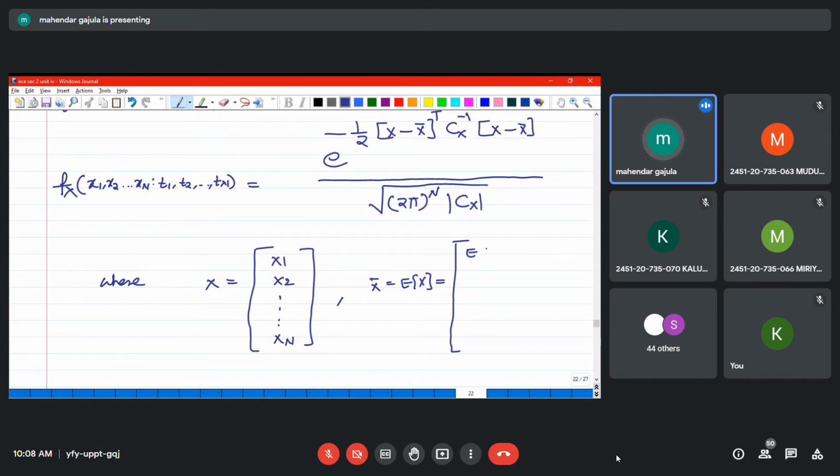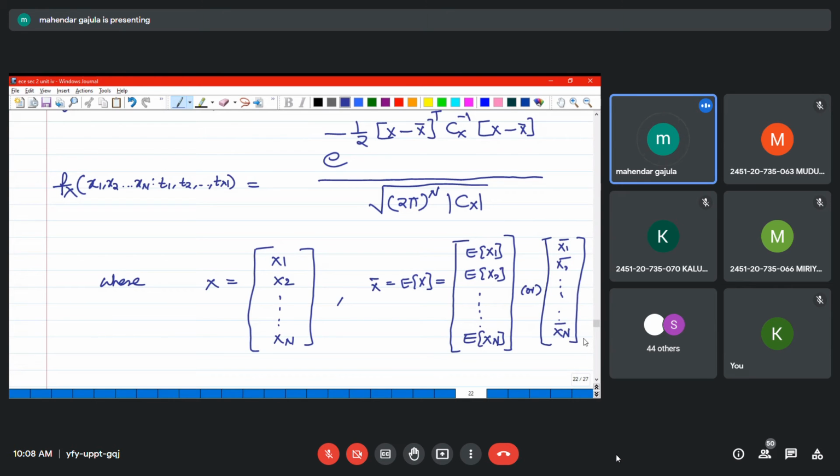So it is expectation of x1, expectation of x2 up to expectation of xn. We can also write this as x1 bar, x2 bar up to xn bar.